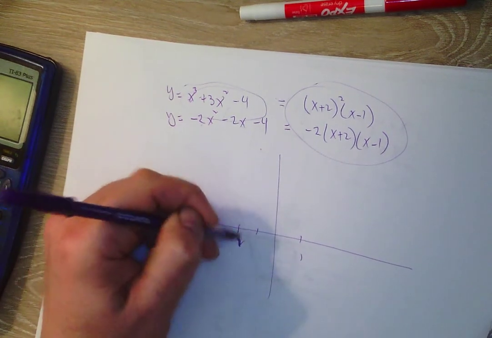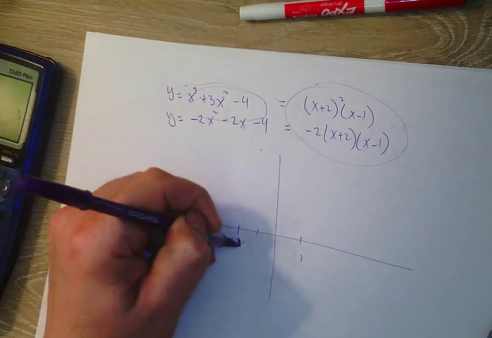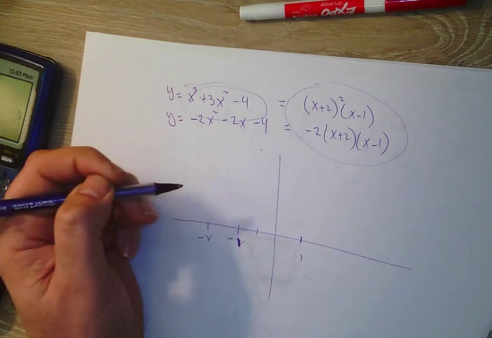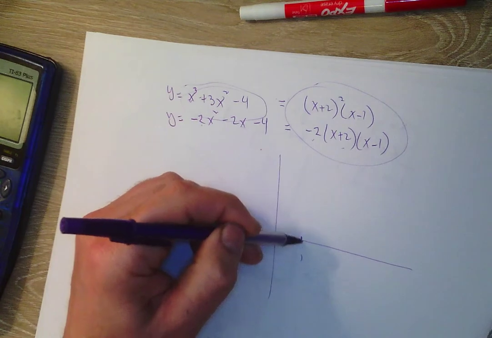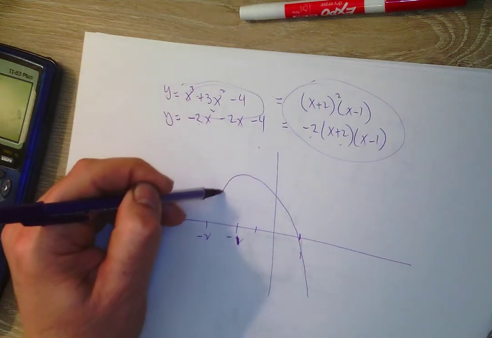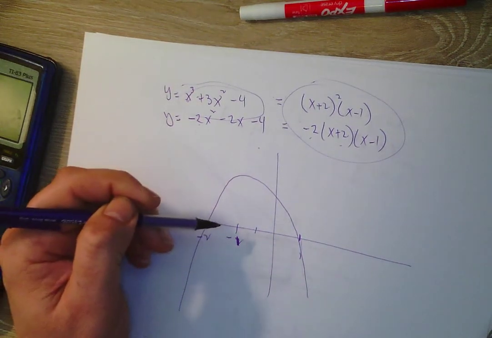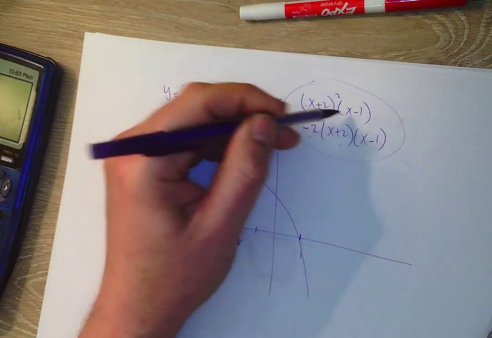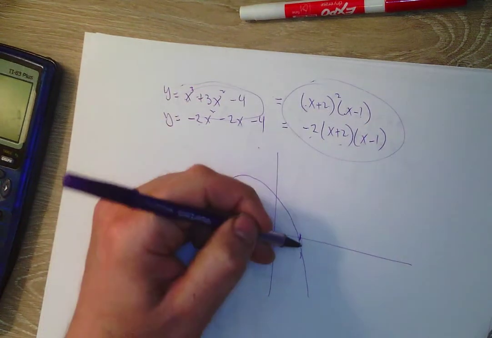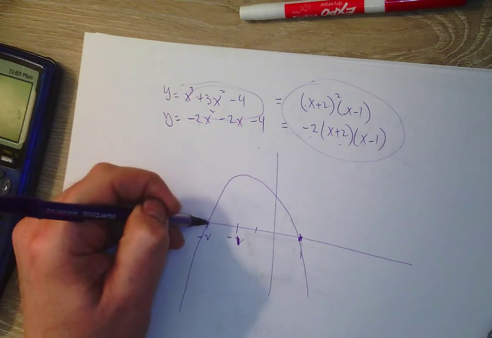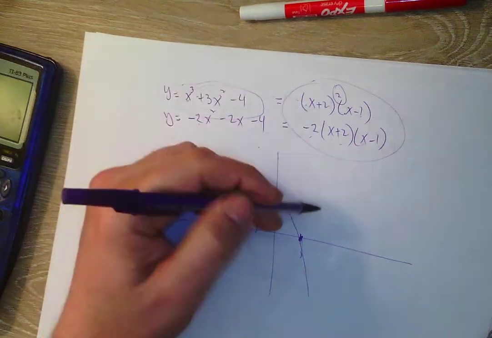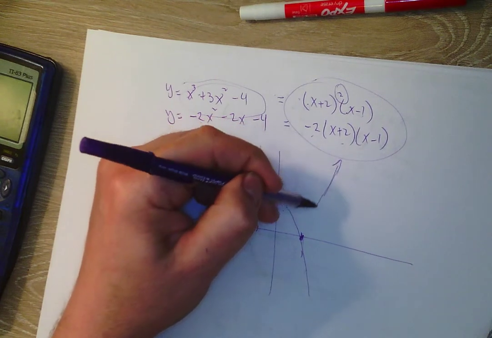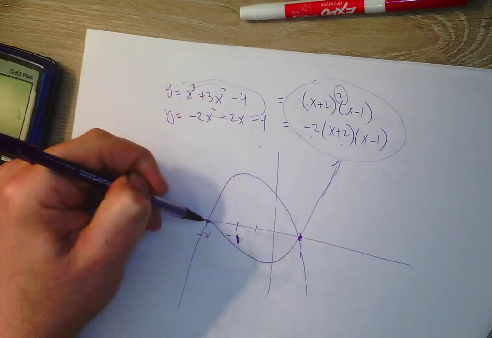This is negative 1, negative 2. For a sense of scale, we've got a downturn parabola that passes through those points. And then here we have this cubic function, crossing at positive 1 and at negative 2. Ooh, at negative 2 there's a bounce. And it's a positive third degree polynomial, so I know I'm up over here and I'm bouncing here.